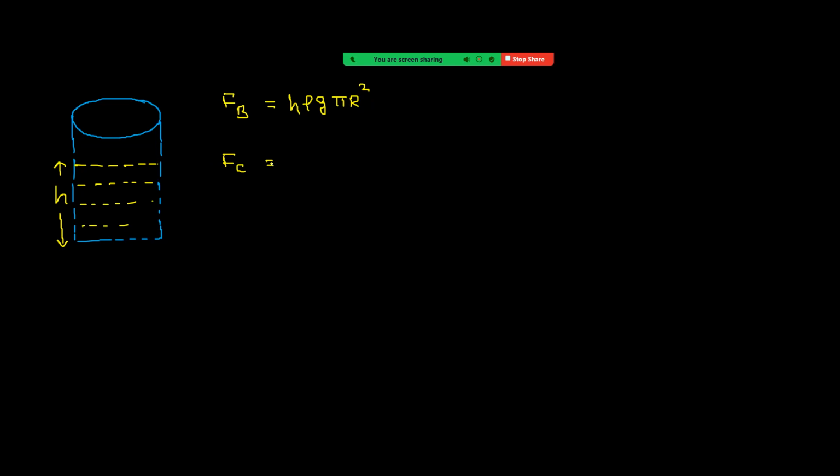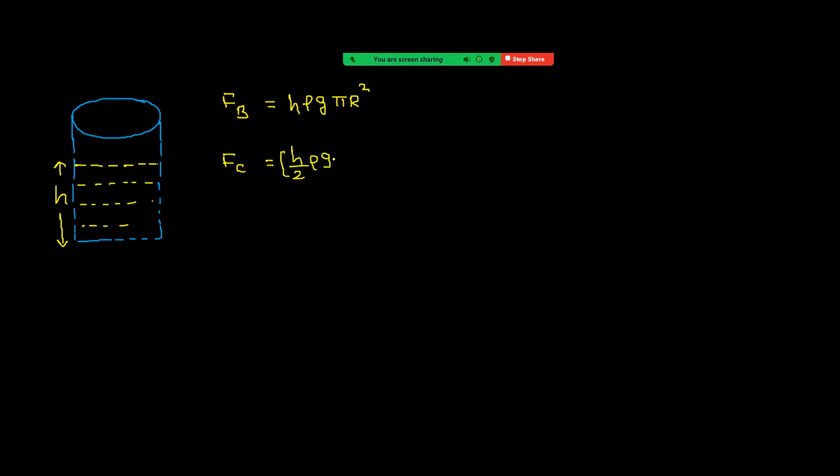On the curved part, we can take the result which we got in the previous problem. That is, when the height is h, the center of mass will be at a height h by 2. Then the pressure is equal to h by 2 rho g.